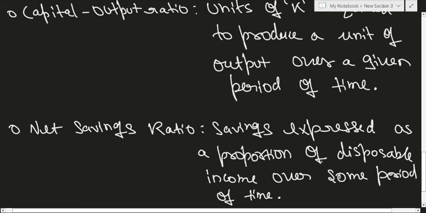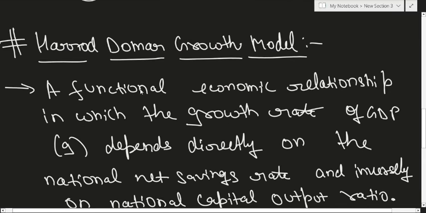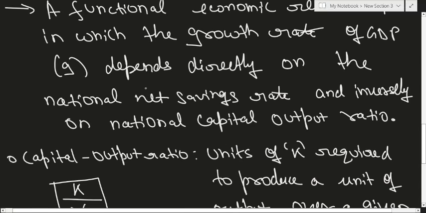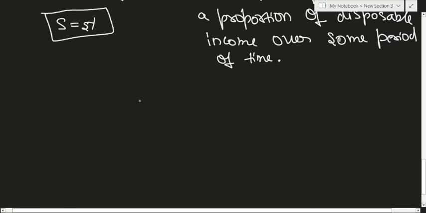Now let's quickly move to the mathematical portion. Capital output ratio is basically K upon Y. Net savings is the savings ratio into output. So the Harrod-Domar model is a functional economic relationship in which the growth rate of GDP, that is G, depends positively on the savings rate and negatively on the capital output ratio.